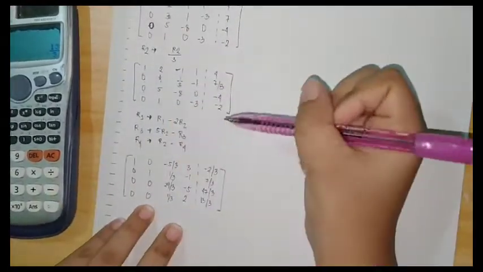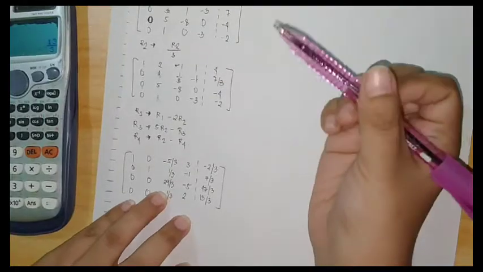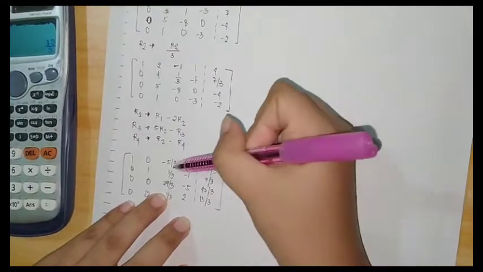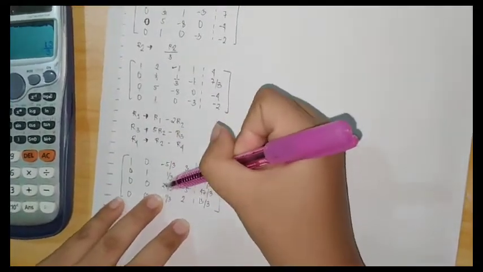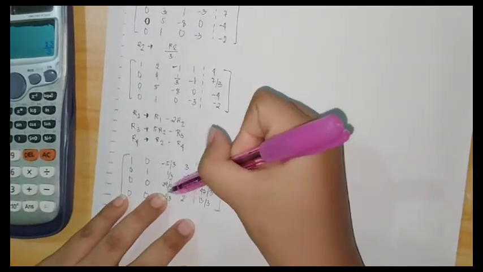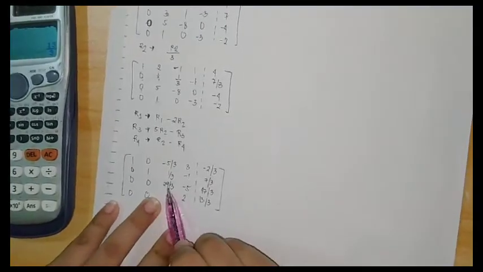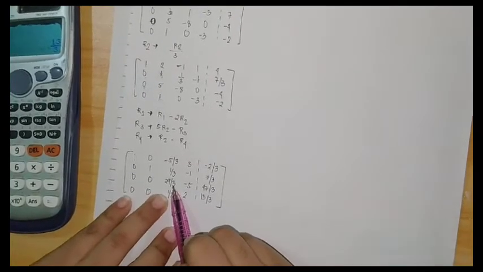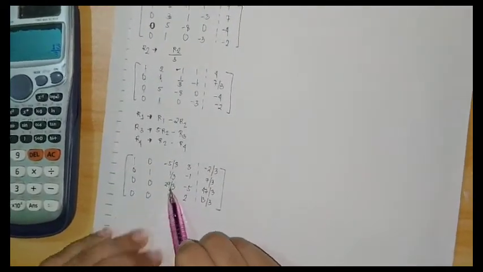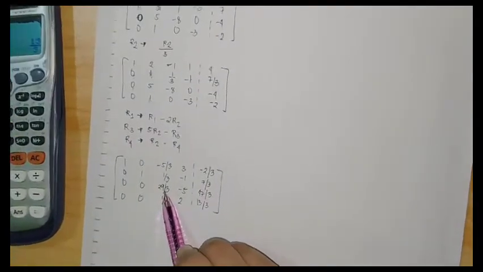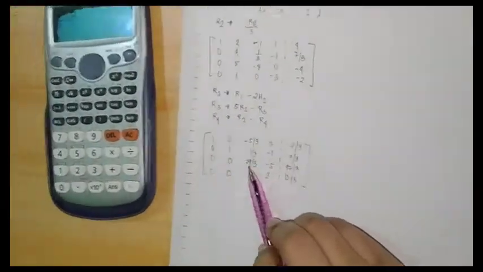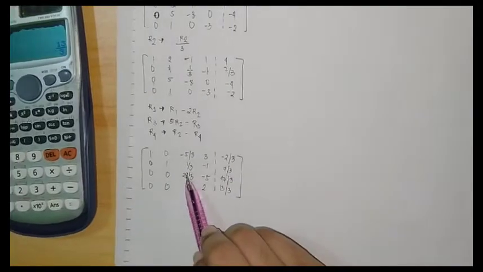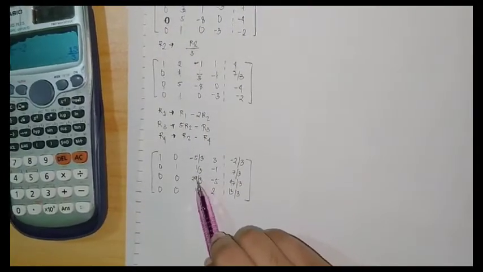So next, we're going to find the next diagonal for the third column, which is on the third row in the third column here. So how are we going to make this 29/3 into 1? Again, we're going to divide this by itself.